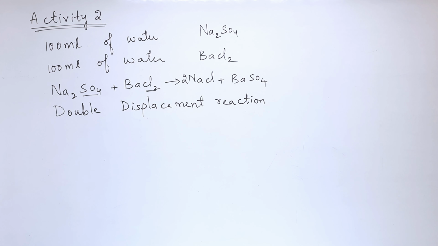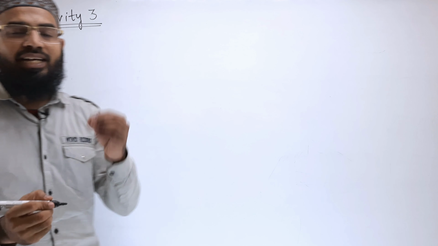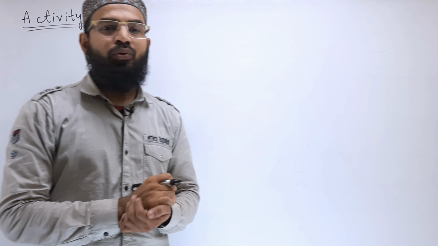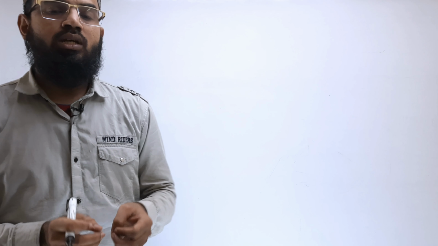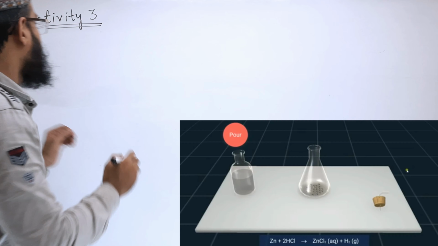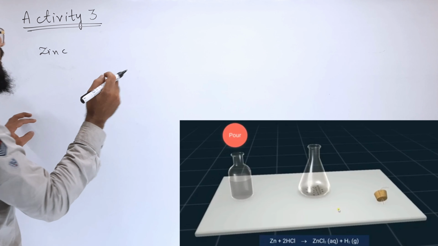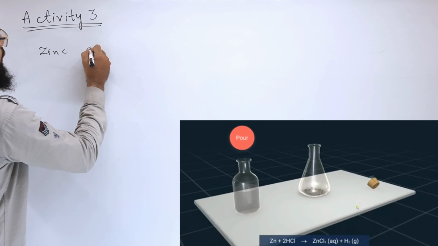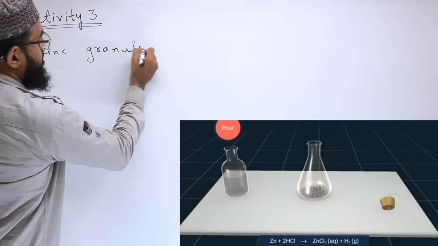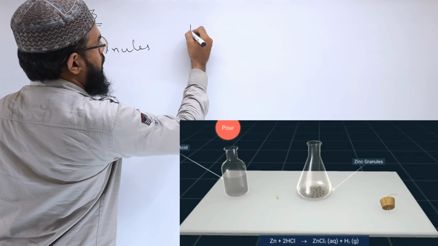Next, activity number 3. In activity number 3, we have to take a few zinc granules, small tiny particles of zinc, in a conical flask.